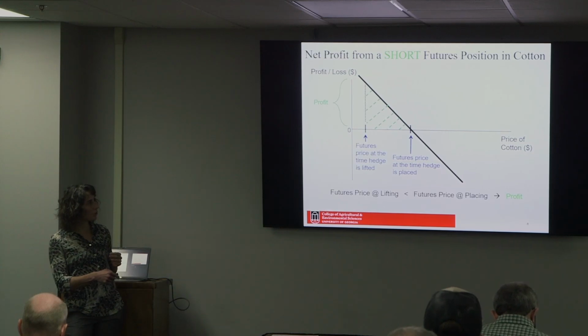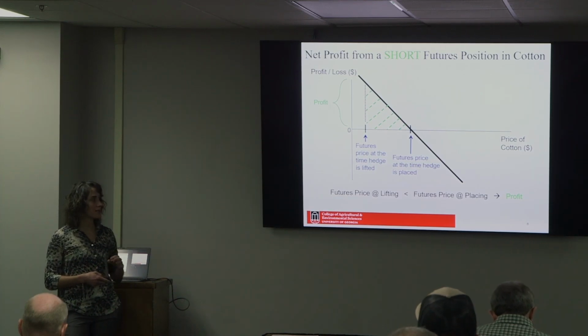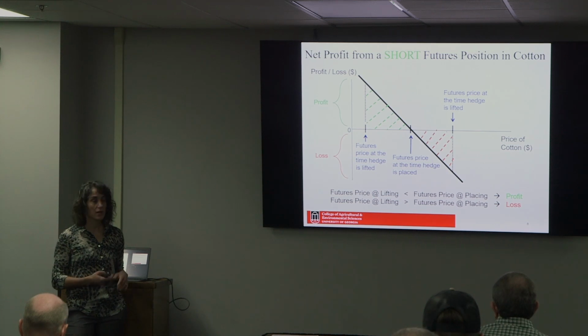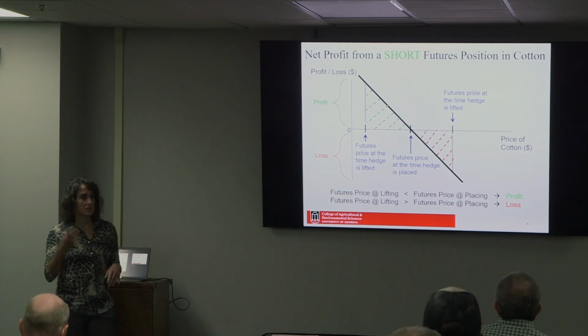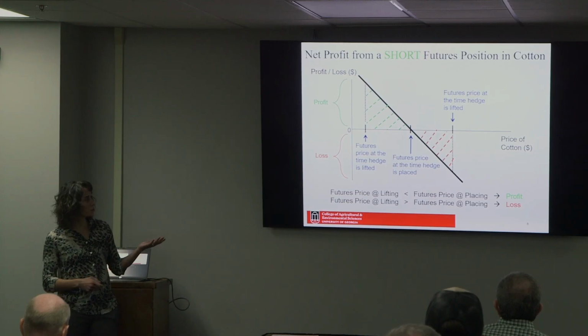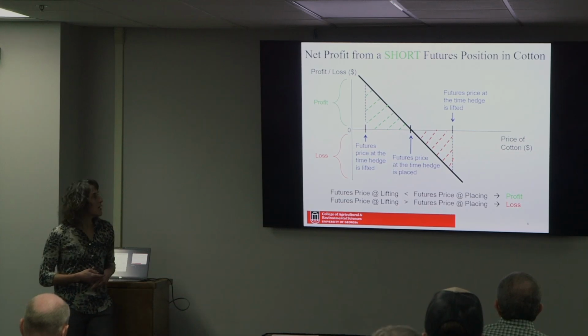If the price is lower, then this short hedger is going to have a profit. But if the futures price is higher when we are lifting our hedge compared to when we initiated it, now we're taking a long position at a higher price compared to what we had with short. So then we are going to have a loss, okay?